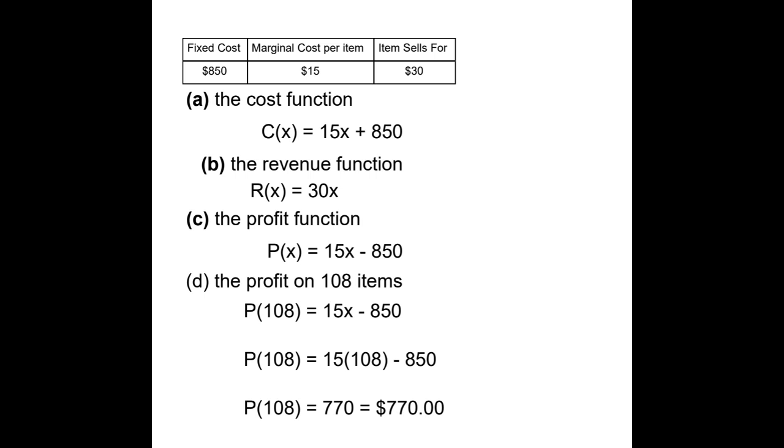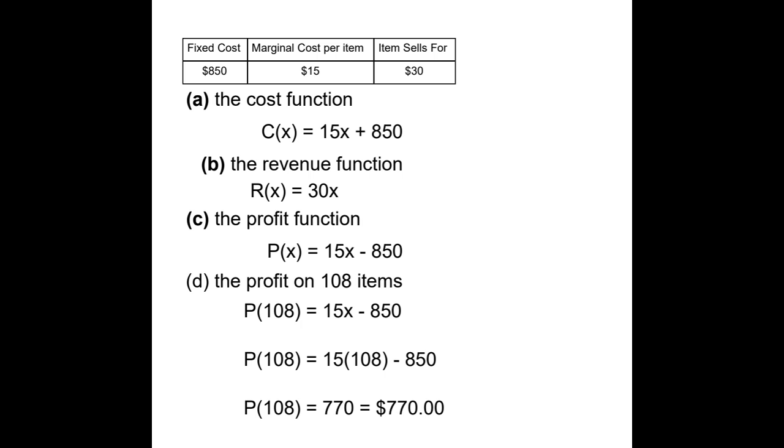This is the extra money that we are making by selling 108 items. So now we put in the dollar amounts to tell what we're dealing with, that we're not dealing with clothes or an item, that this profit is giving us a value of money. So the profit for selling 108 items is $770.